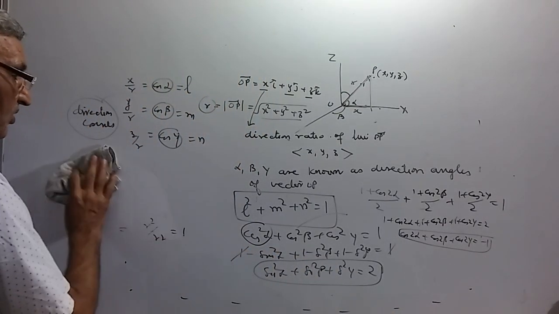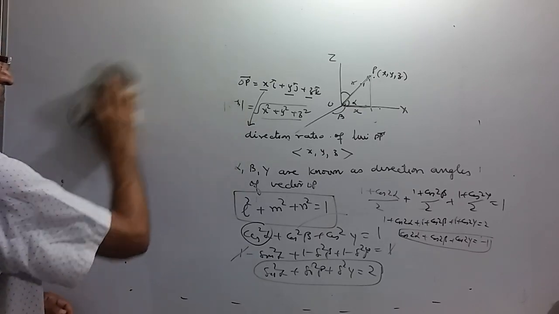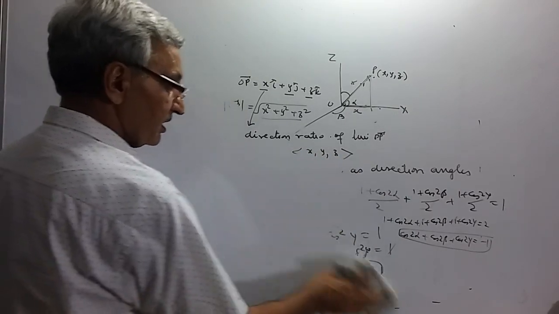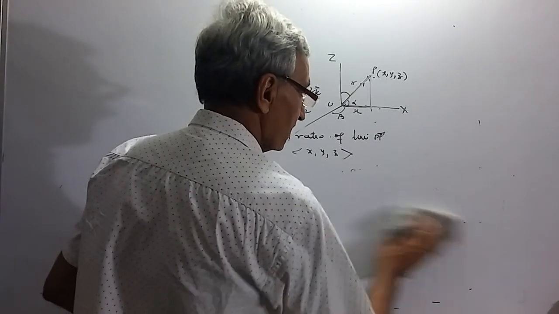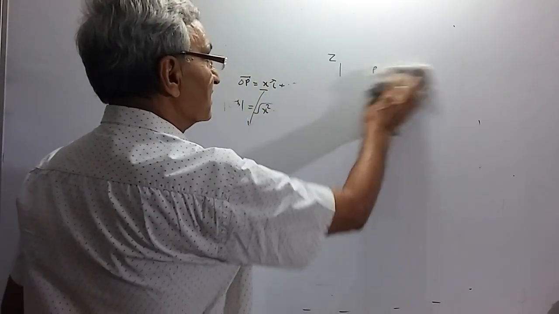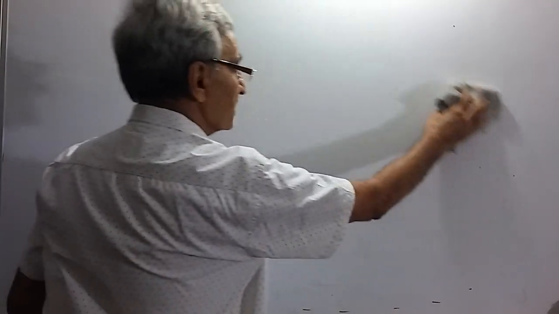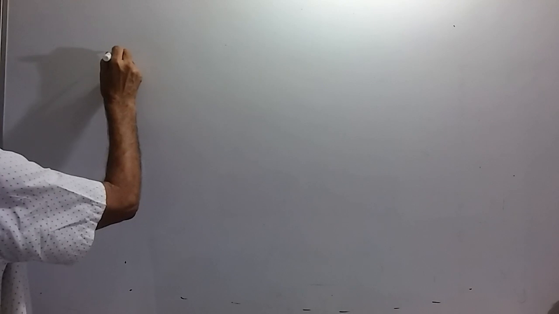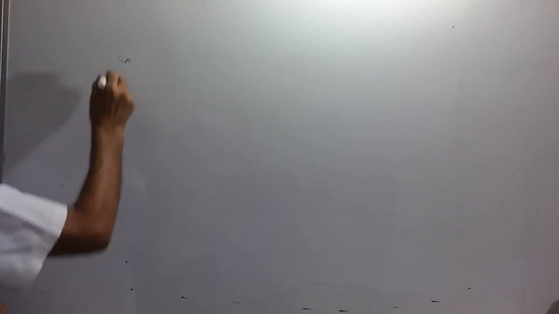So friends, first equation is this. What I did now is the relation which is called directional cosines. The alpha, beta, gamma are the angles a line makes with x-axis, y-axis and z-axis. And these angles have a relationship: cos square alpha plus cos square beta plus cos square gamma is equal to 1.